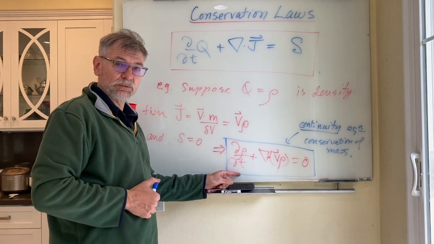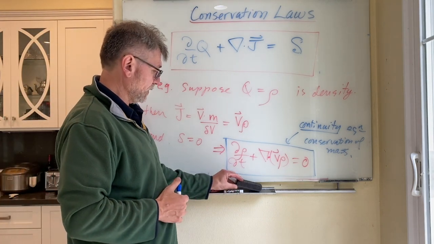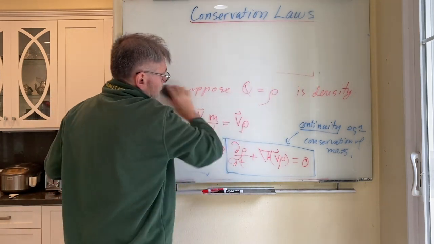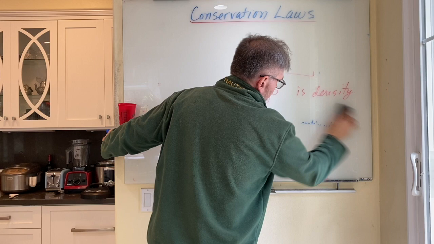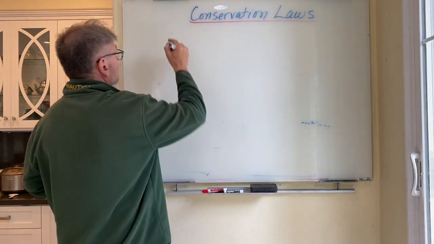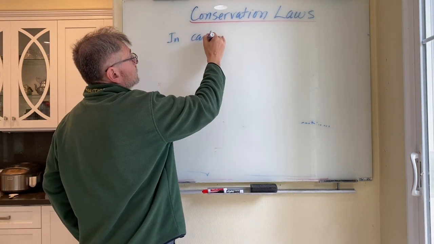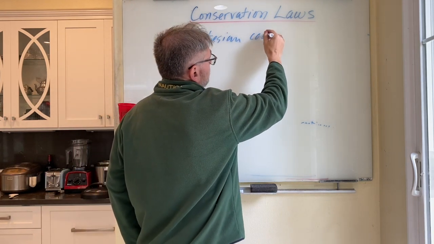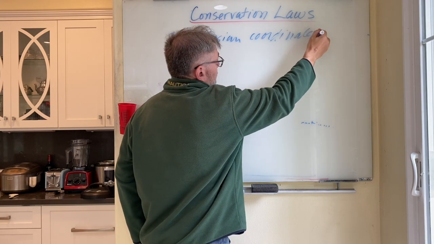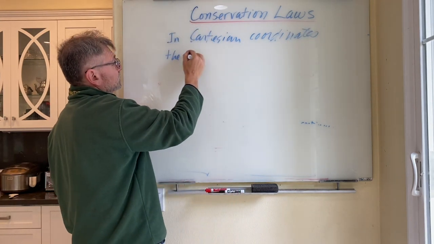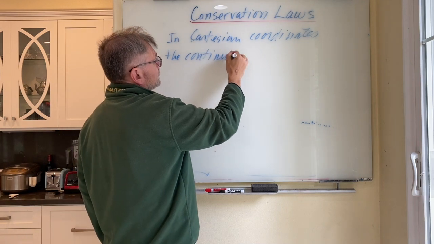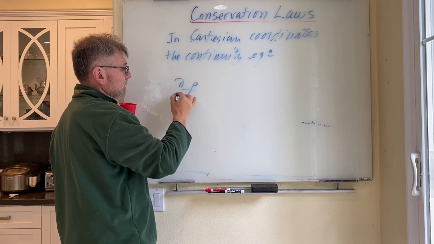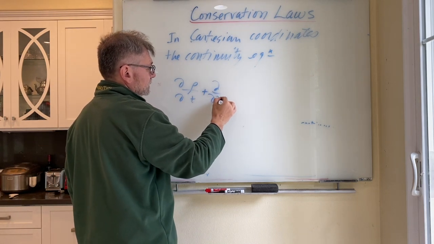Let's write down what this expression looks like now in Cartesian coordinates. So the continuity equation in Cartesian coordinates will be d rho dt plus d by dx.